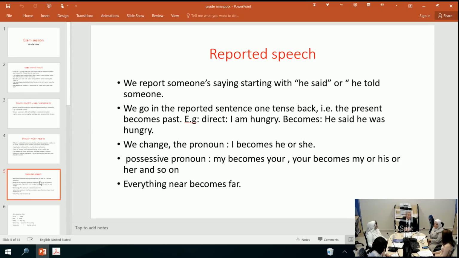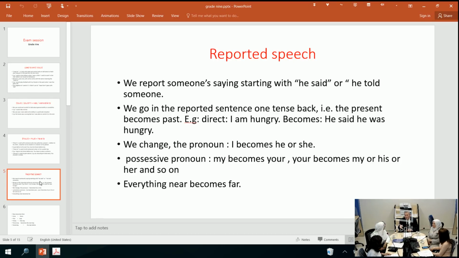But if we say he says, we don't change. It's another case. In the 9th grade book, we have only he said or he told. So we go one tense back. We don't see after he said or he told any present tenses. Of course we always have to use past. Actually, not for grade 9.